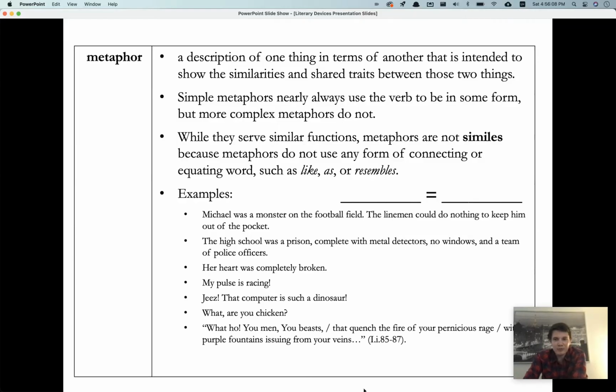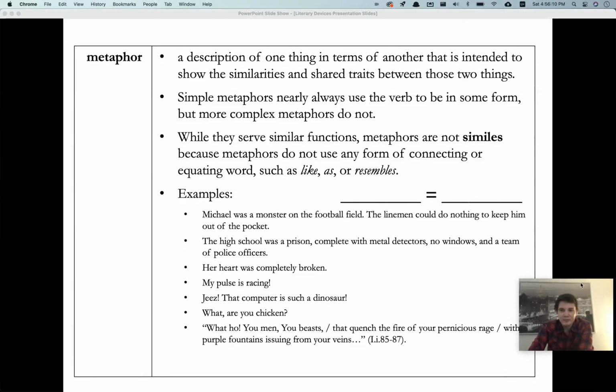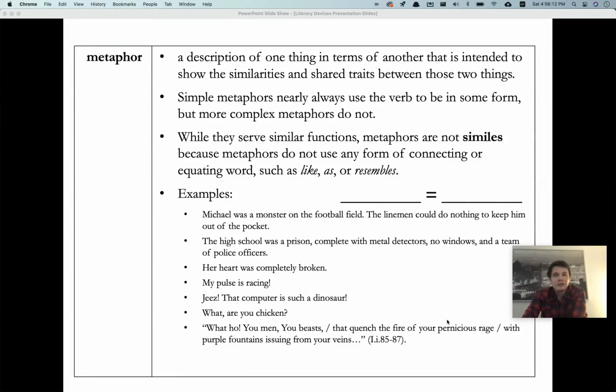Okay, example from Romeo and Juliet. This is a little harder. What ho, you men, you beasts, that quench the fire of your pernicious rage with purple fountains issuing from your veins. All right, so you have this comparison between the people who are fighting. This is actually in Act 1 of Romeo and Juliet.